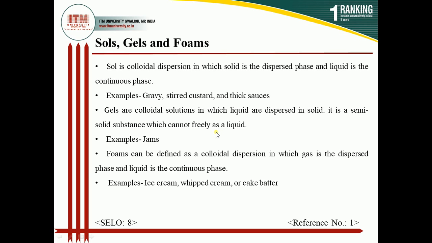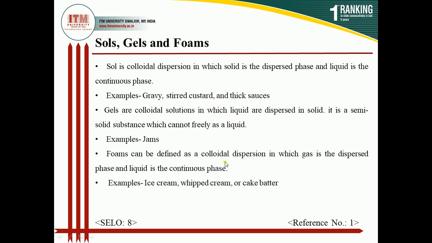Semi-solid substance means it is neither a liquid nor a solid, so it cannot move freely as a liquid, and it makes a kind of network. The solid makes a kind of network which traps the dispersed liquid.